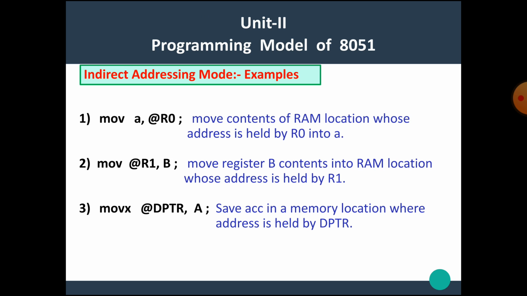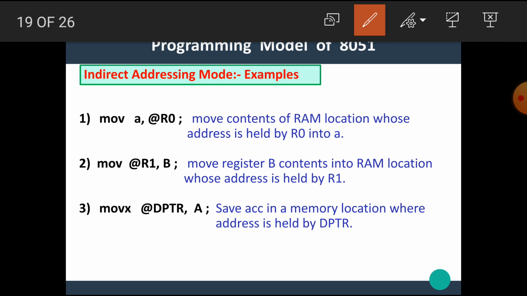Okay, that means in indirect addressing mode, we can use a pointer. When we use the internal RAM, we can use R0 and R1 as the pointer, and when we use the external memory, we can use the DPTR as a pointer.